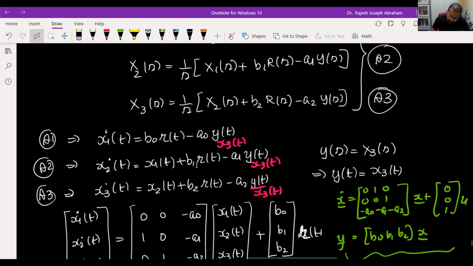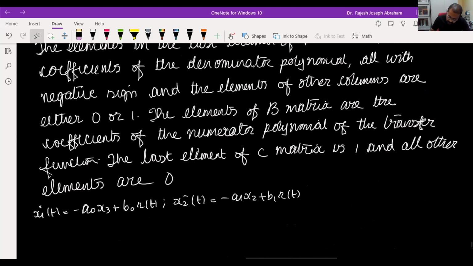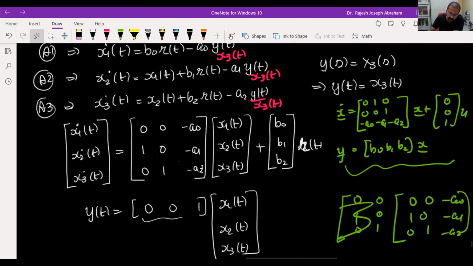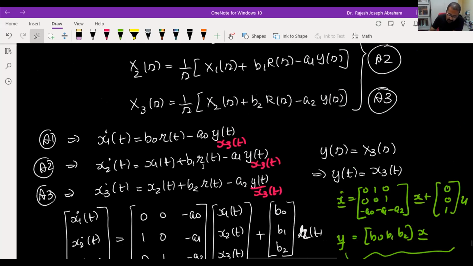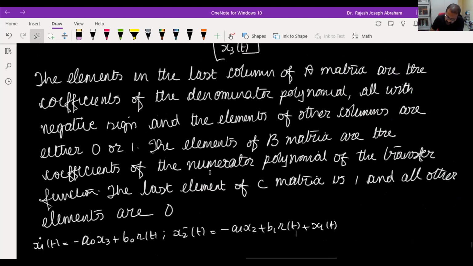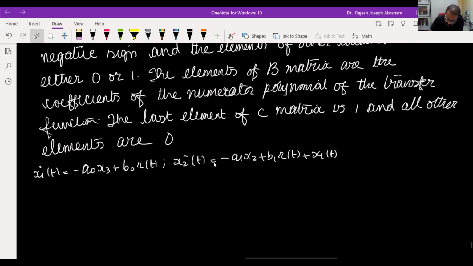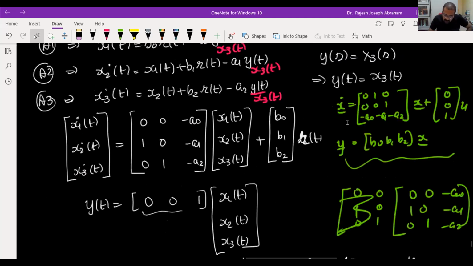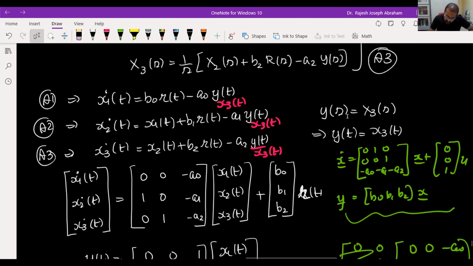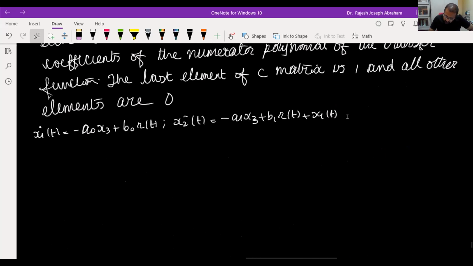Sorry, minus a1 x3, so x2 dot equals x1 minus a1 x3 plus b1 r.